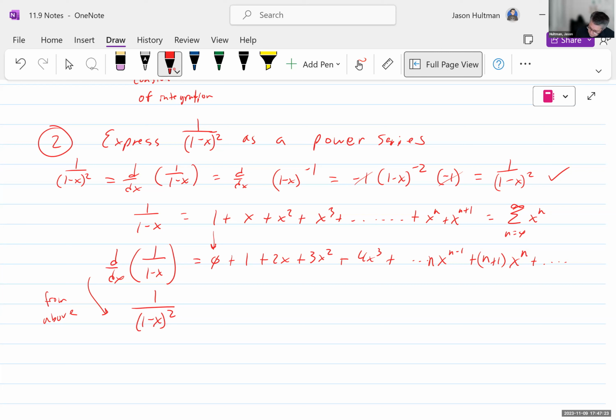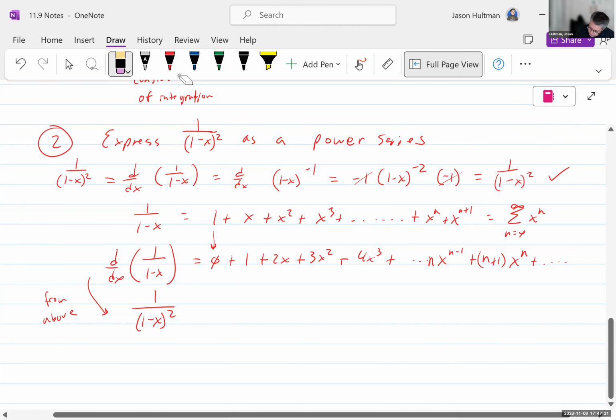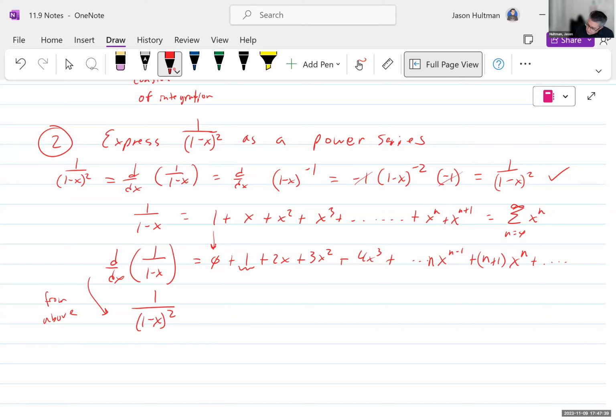Here's the idea: this 1 here is really x to the 0, right?